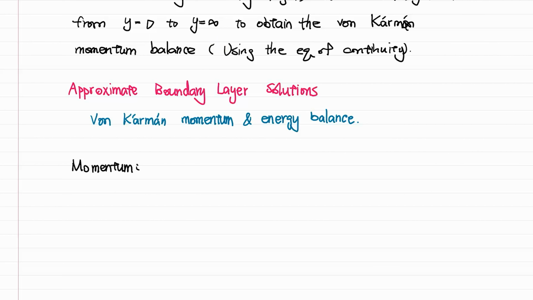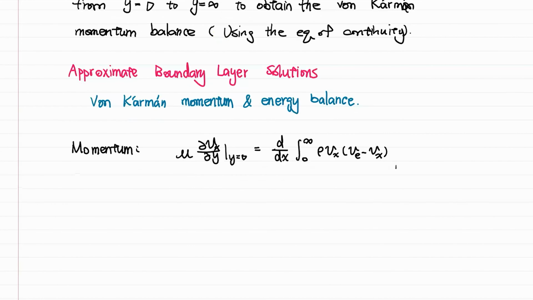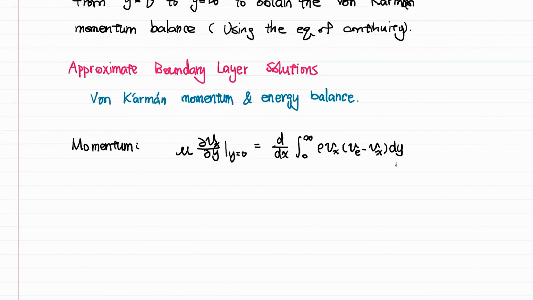We have again mu times partial Vx partial y at the solid surface, y equals 0, equals d dx times the integration from 0 to infinity of rho Vx times (V sub e minus V sub x) dy, plus dVe dx times the integration from 0 to infinity of rho times (V sub e minus V sub x) dy, and then we have an additional term for buoyancy.